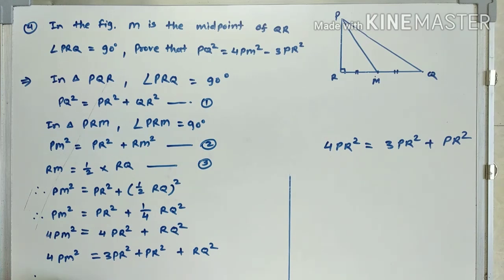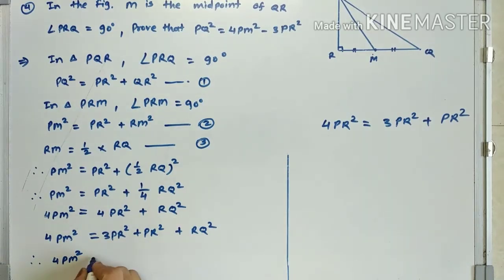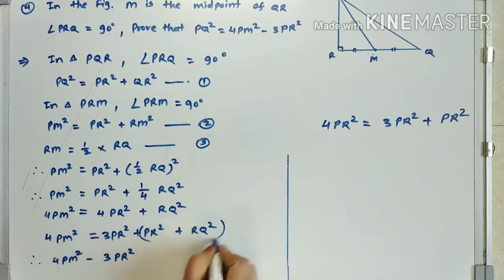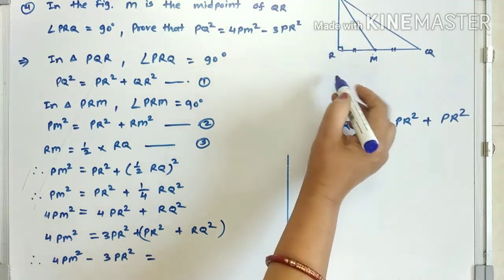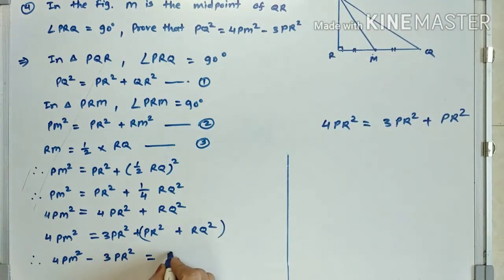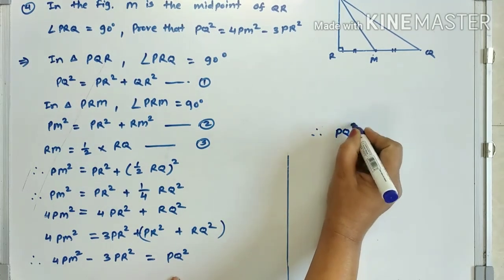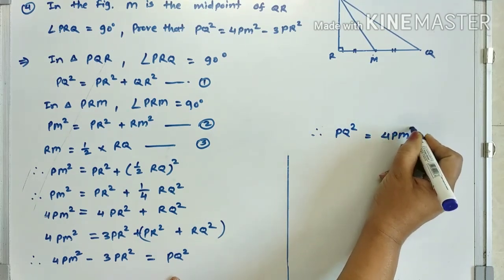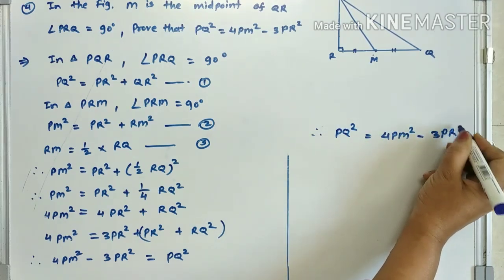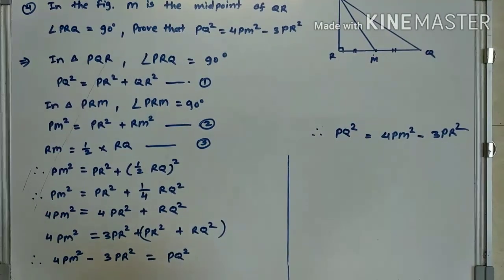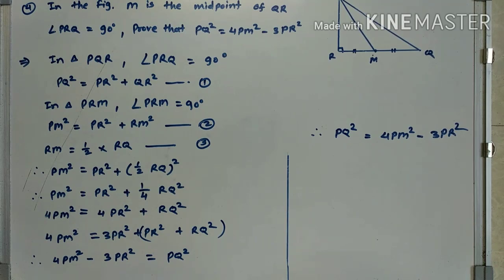Therefore 4 PM square minus 3 PR square equals PR square plus RQ square, which equals PQ square. Therefore PQ square equals 4 PM square minus 3 PR square. In the next video we will see the application of the Pythagoras theorem and Apollonius theorem.